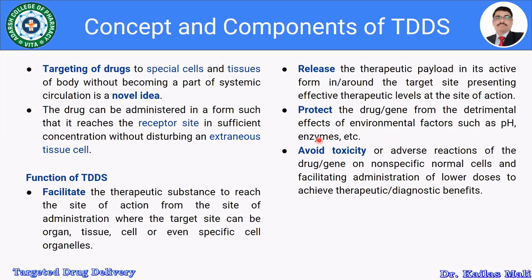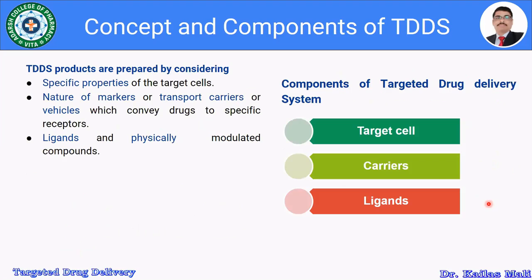It should avoid the toxicity or adverse reactions of the drug or gene on non-specific normal cells, and facilitate administration of lower doses to achieve therapeutic or diagnostic benefits. So these are certain functions of the targeted drug delivery system.